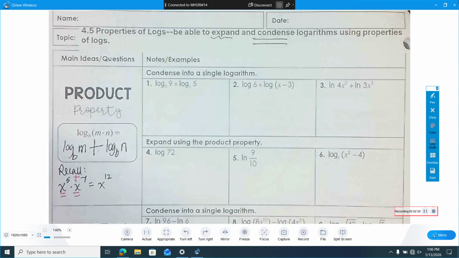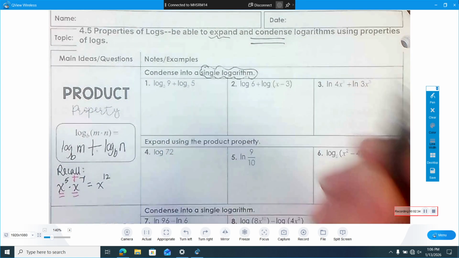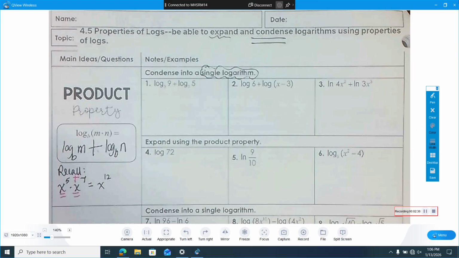No, the bases have to be the same. I want to condense to a single logarithm. Many years ago, the instruction was just condense, and as many times as I'd say to a single logarithm, I'd have students who would write many logs. But how many logs are we supposed to have? Just one, because it says single.